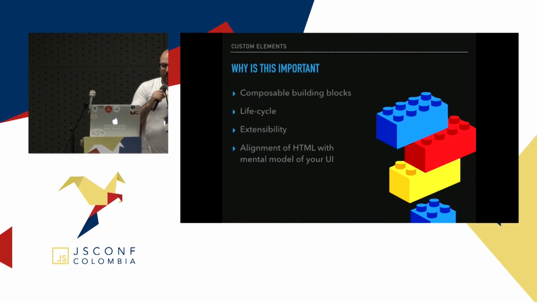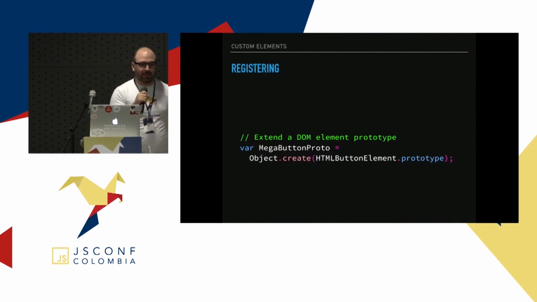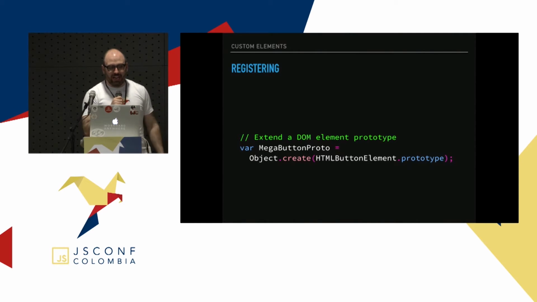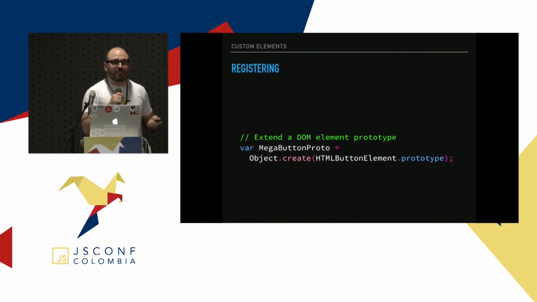So the way we deal with custom elements, the first thing we have to do is register it. We start by basically cloning an existing DOM element and giving ourselves a prototype that is basically the constructor of this DOM element. So this will serve as the prototype of what we're about to build.